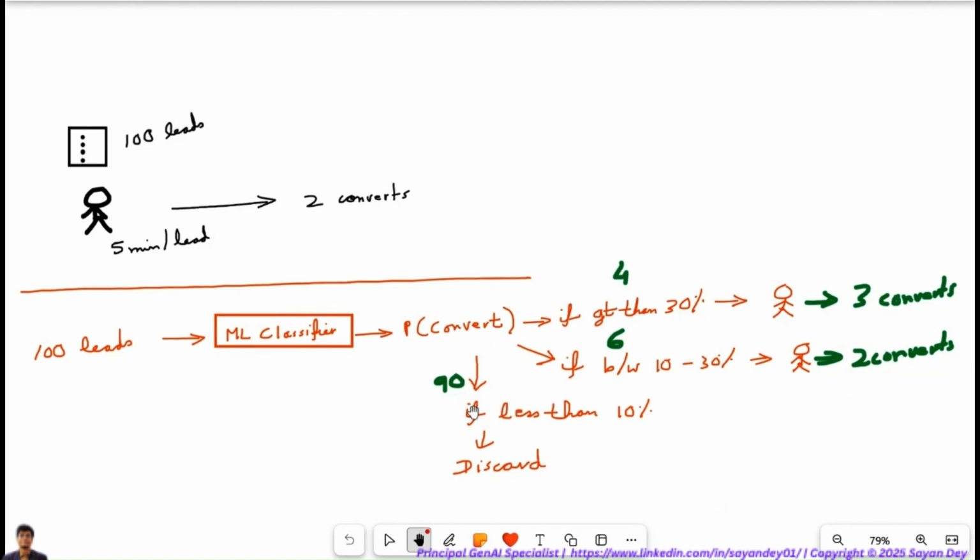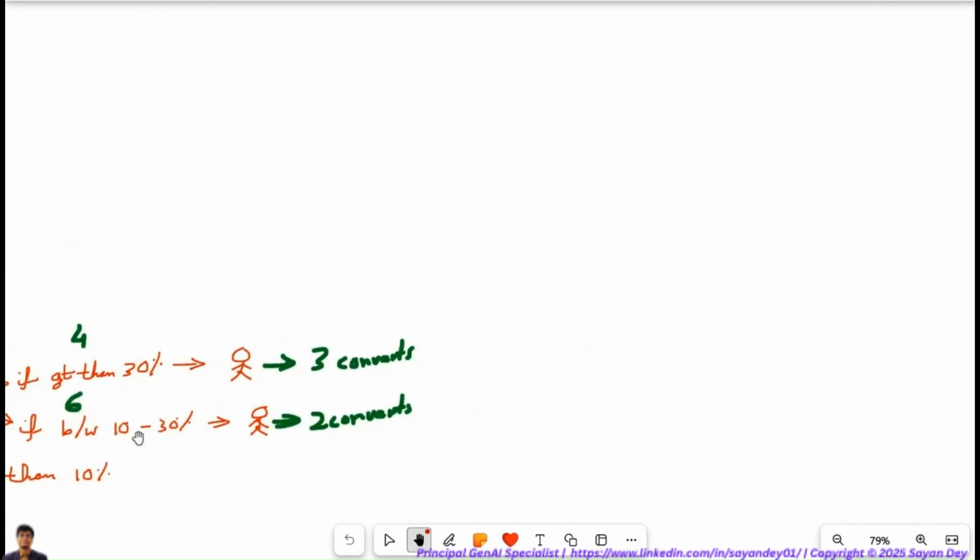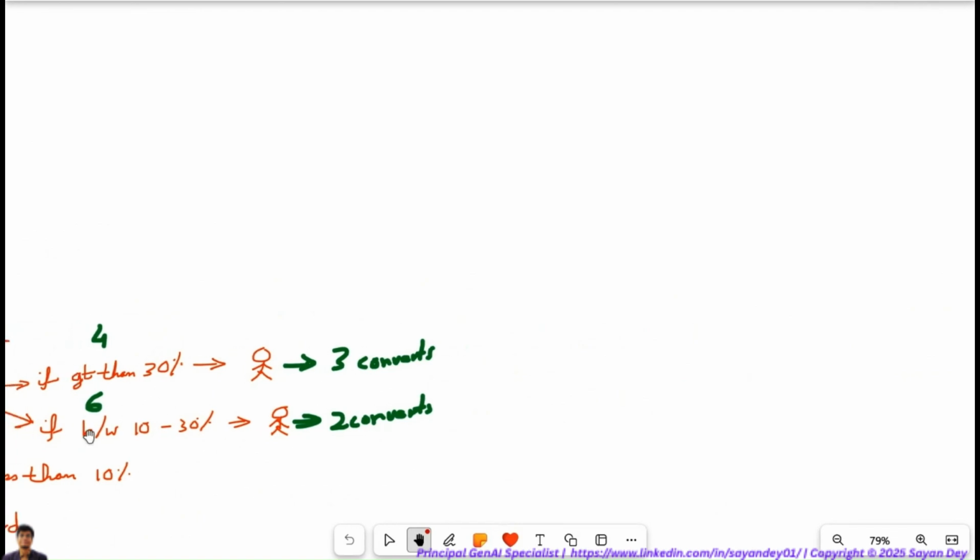If you think of discarding these 90 customers out of 100 leads, based on your thresholds, you only end up with net 10 leads, and from those 10 leads you're getting 5 converts. So you're effectively making only these 10 calls and getting 5 converts. Why? Because you're channelizing it better. That is the other benefit of using machine learning for defining a process flow.